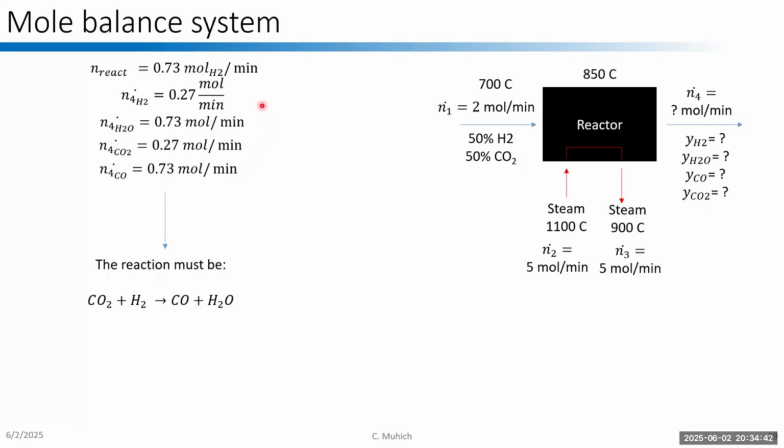We can also see that the amount of H2 and CO2 consumed is the same, and it's equal to the amount of H2O that was formed. So this must be the reaction. Just by doing a mole balance and an energy balance, not only have we solved what's leaving this system, but we can also discern what's happening in our reaction.